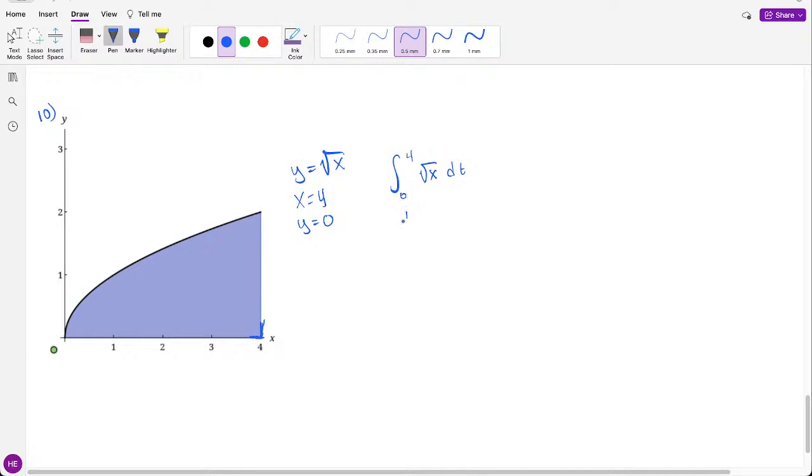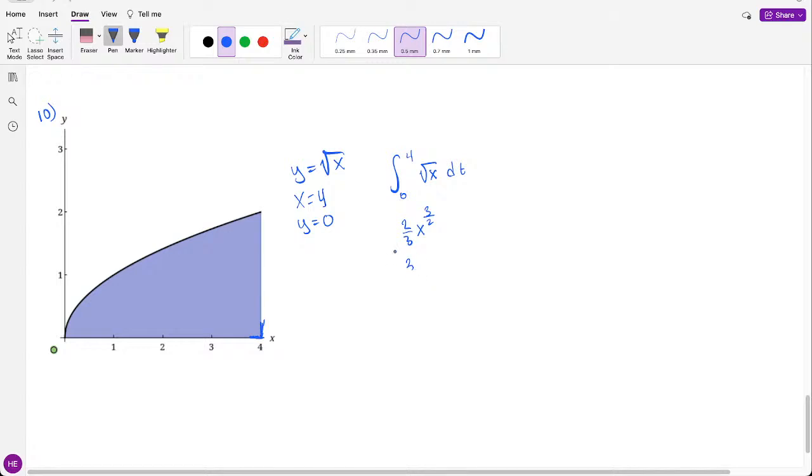That's gonna be, no, that's wrong. 2/3 x to the 3/2. And then, right, what we did before. Just plug 4 and 0 in. So 0 is going to be 0, so we just plug 4 in and we get our answer.